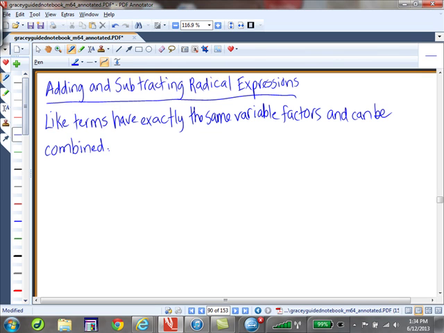So if we think about it, let's suppose we had 17y plus 14y. This one, you can literally, if you wanted to, factor out the y, and you're left with 17 plus 14, which gives you y times 31, which is equal to 31y's.